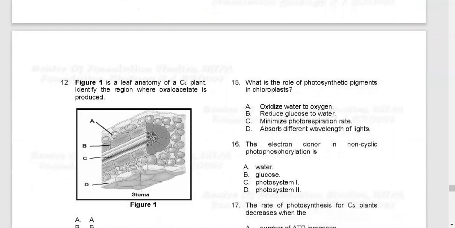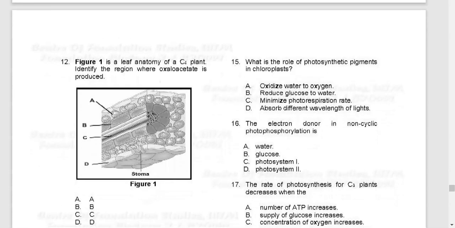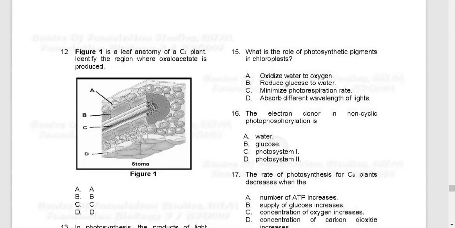Question 12. Figure 1 is a leaf anatomy of a C4 plant. Identify the region where oxaloacetate is produced. This is the leaf anatomy of a C4 plant, which has a few types of cells.